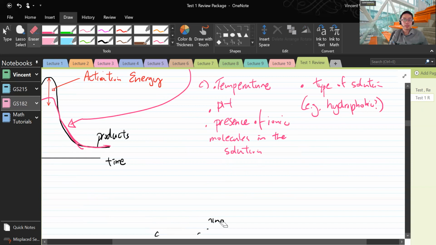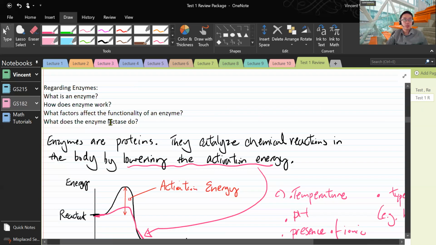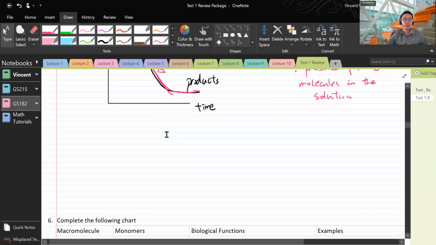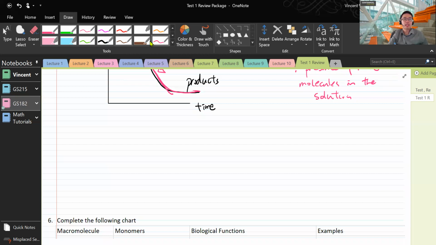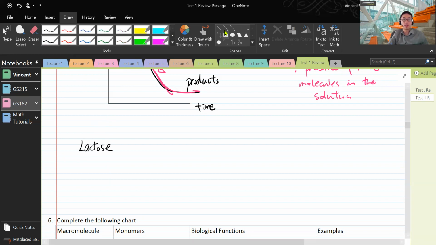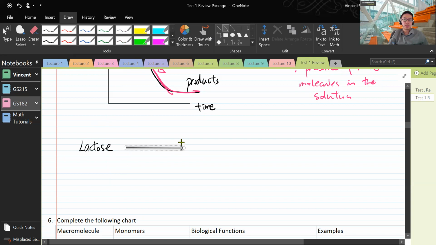Okay, next one. What is question D? Question D is, what does the enzyme lactase do? Anything that ends with ASE means it's probably an enzyme. So the enzyme lactase will take lactose, and in the presence of lactase, it's going to cut it back into its monosaccharides.